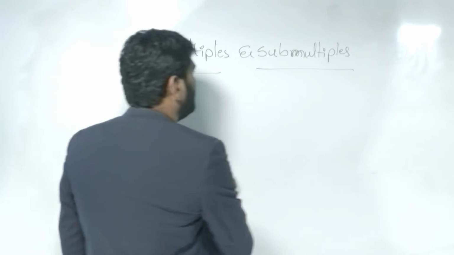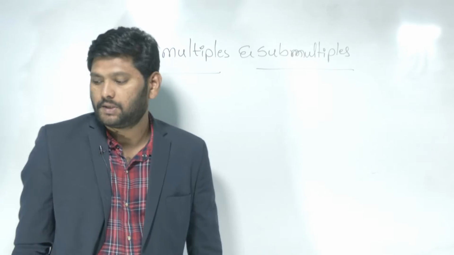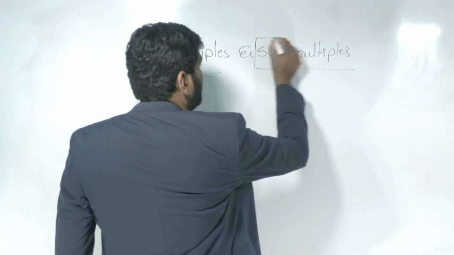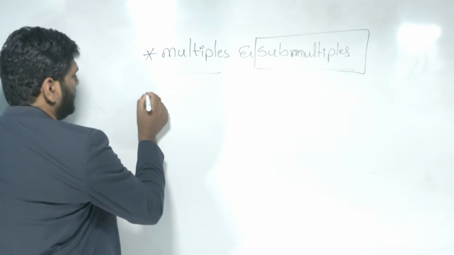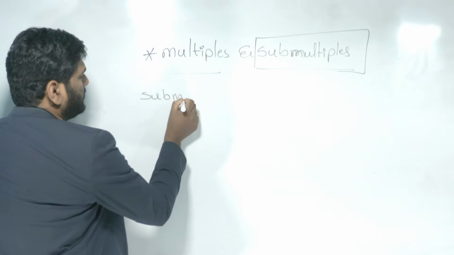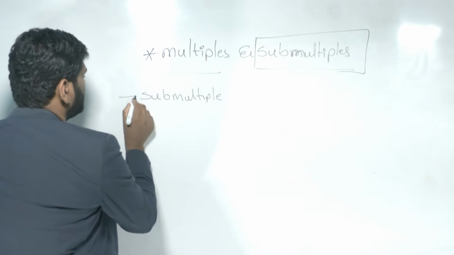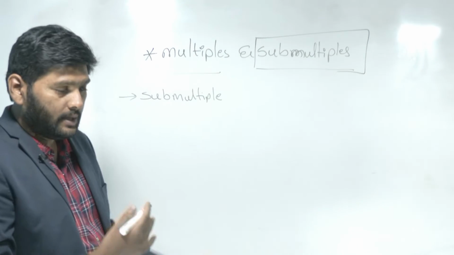So let me go for another topic in this same session. Another topic is submultiples. Submultiples are nothing but values below 10.